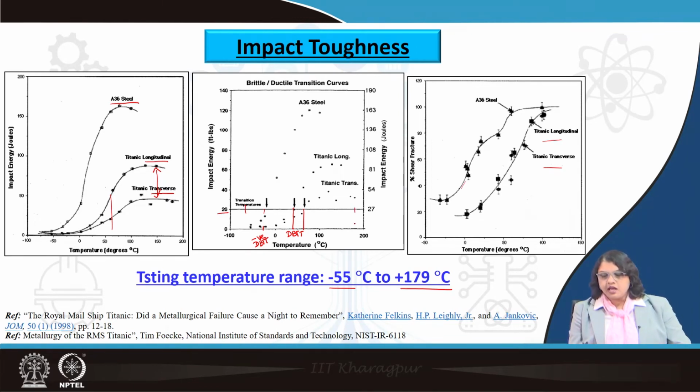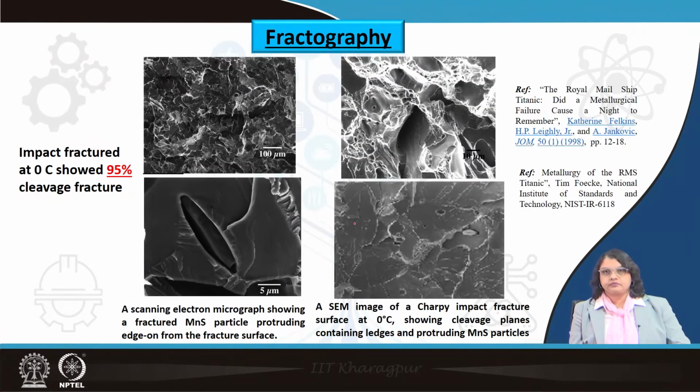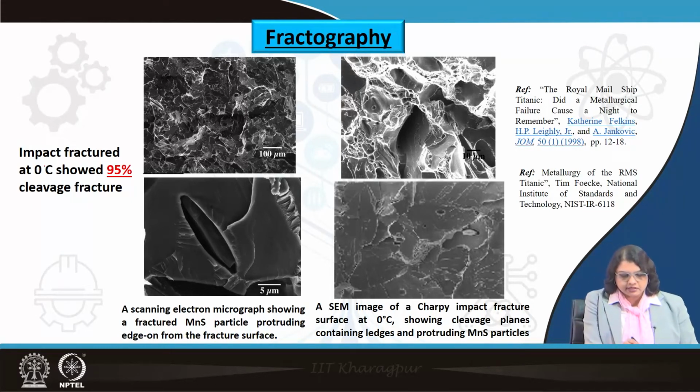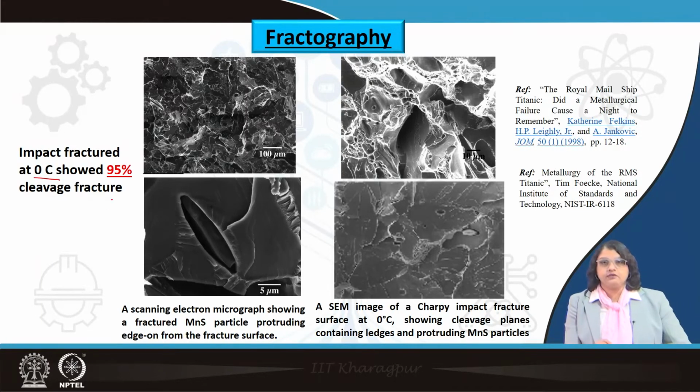In any case, we have seen for the Titanic that the DBTT is quite high. When we looked into the fractography in detail, the impact test carried out at 0 degree centigrade showed 95% cleavage fracture, once again a signature of brittle failure, and that means that it had already become brittle at a temperature of 0 degree centigrade itself.